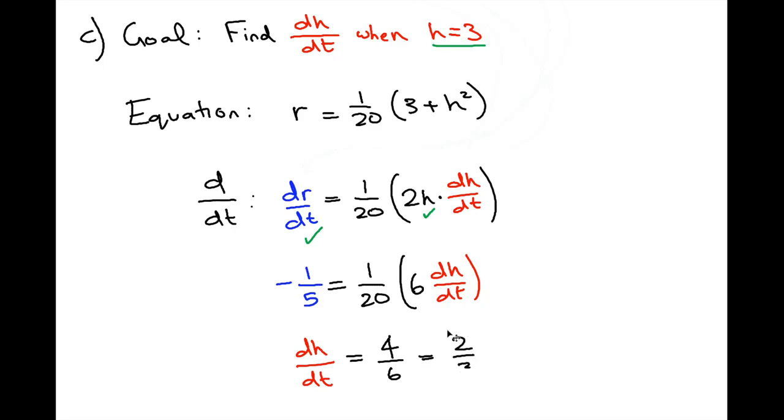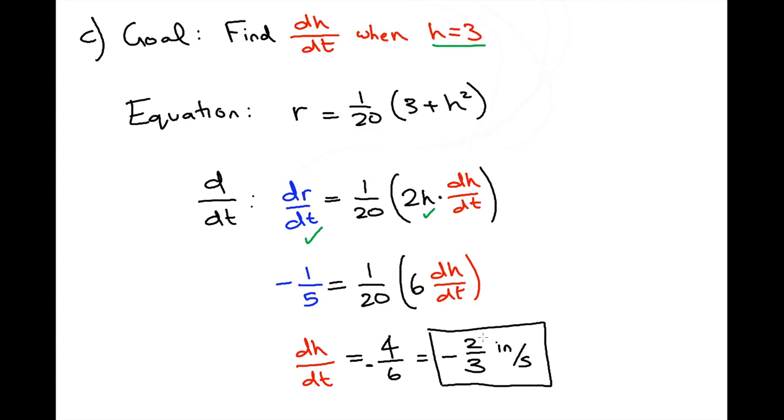Sorry, excuse me, that should be negative 2/3 because we have a negative sign there. It's going to be negative 4/6, which is going to be negative 2/3, and this is going to be inches per second. And that right there would be our final answer.